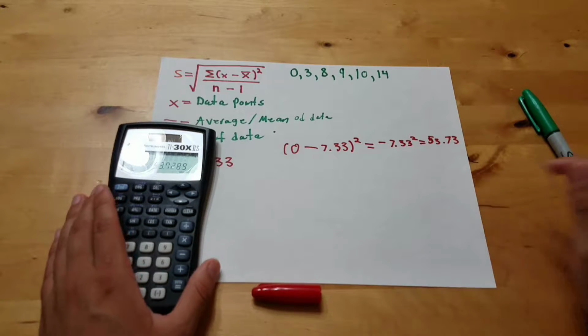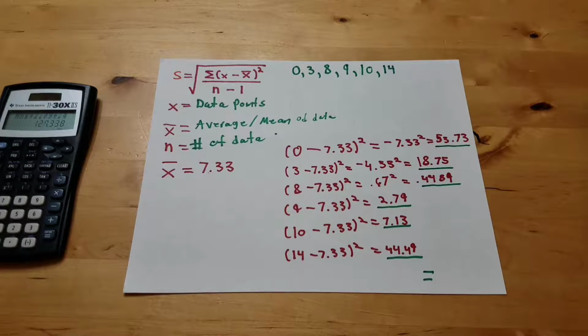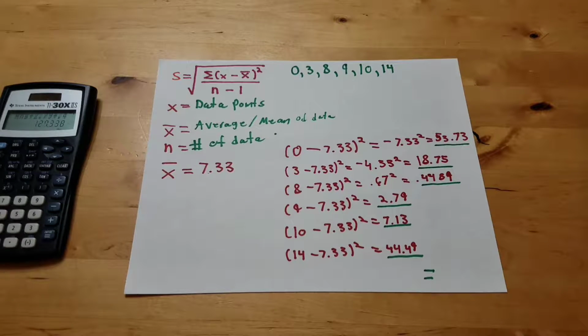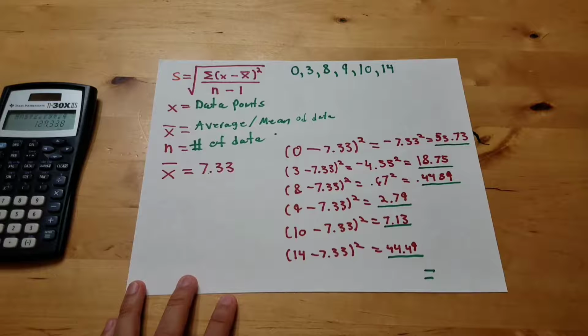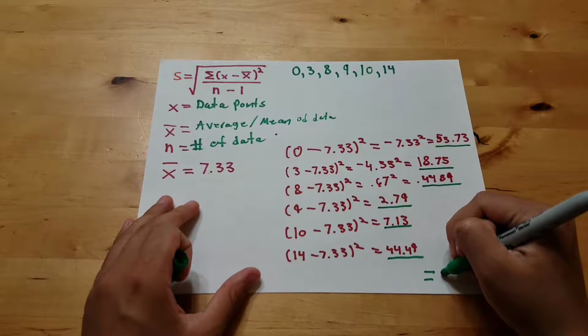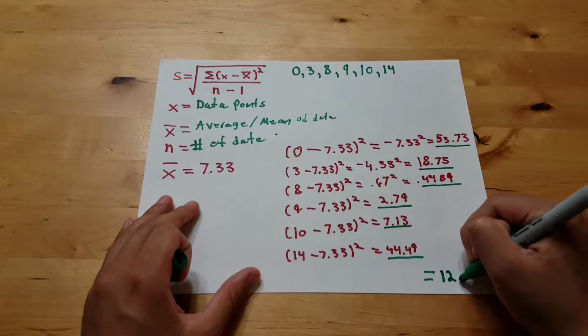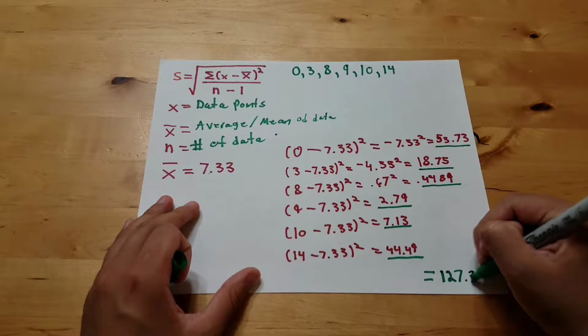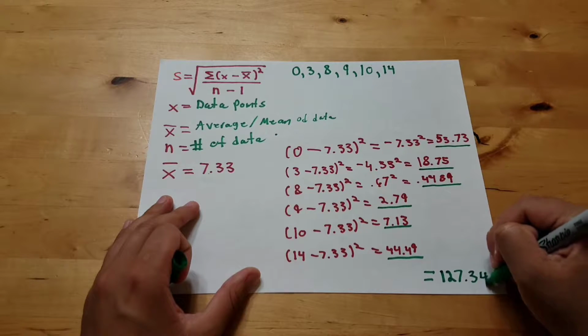I'm going to solve the rest real quick so I don't waste your time. I'll be right back. Alright, now that I've calculated all of them, as you can see here, the next thing you want to do is add all of these up, which when added up equals a total of 127.34.